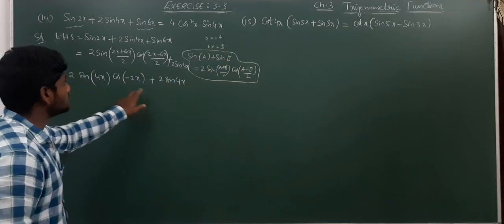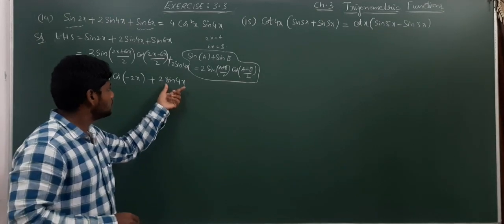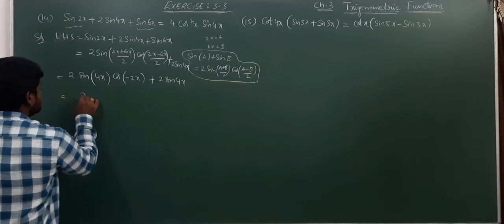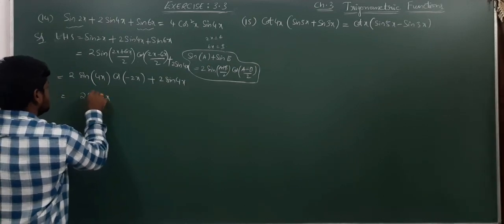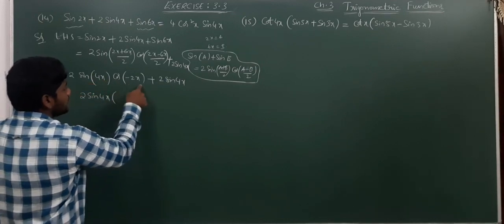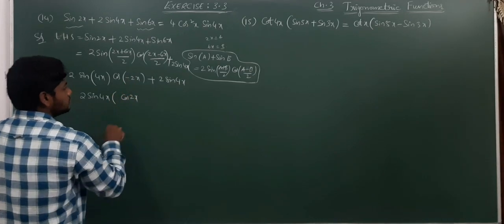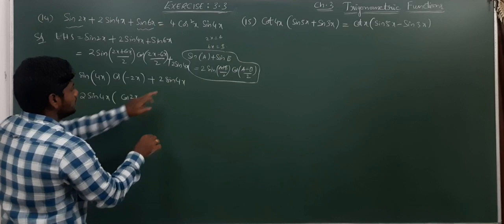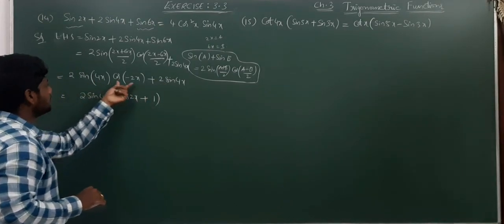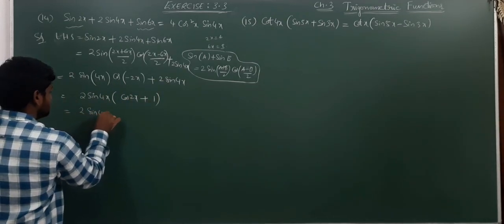If you observe these two guys, what can we take common? 2 sin 4x. Cos of minus 2x is nothing but cos 2x only, so taking 2 sin 4x common, it will be cos 2x plus 1.